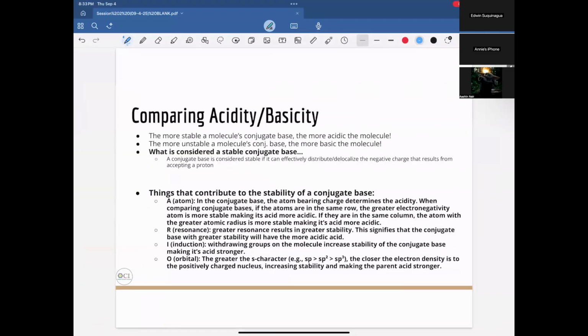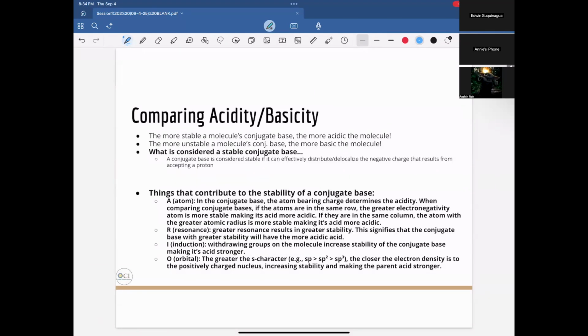Next we're going to be comparing our acidity and basicity. The more stable a molecule's conjugate base is, the more acidic the molecule is. That one's confusing sometimes when you're first learning about it, but if you want to know if a molecule is acidic, look at how comfortable its base is. If we can take that proton away and be left with a negative charge and it's comfortable, then that's acidic.